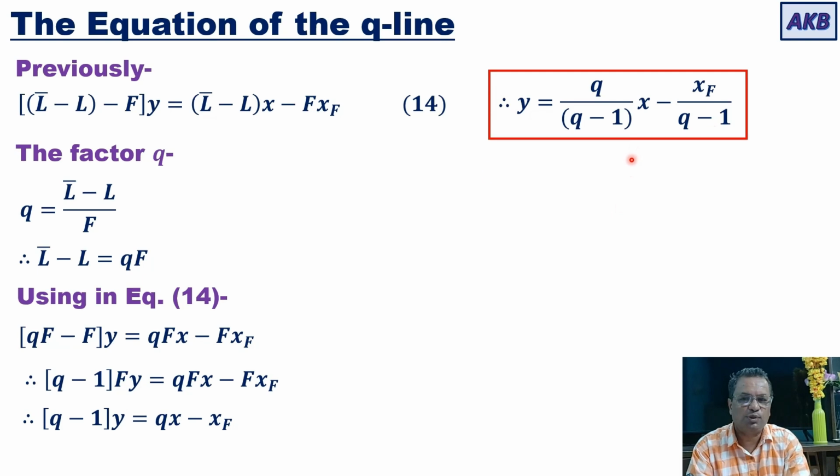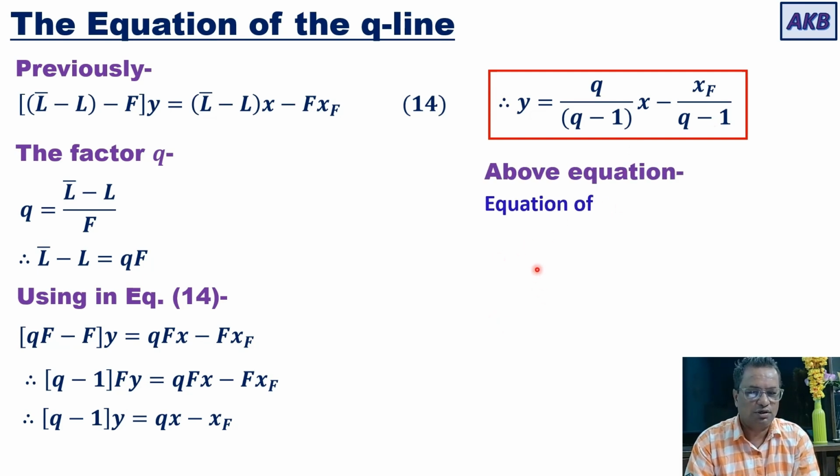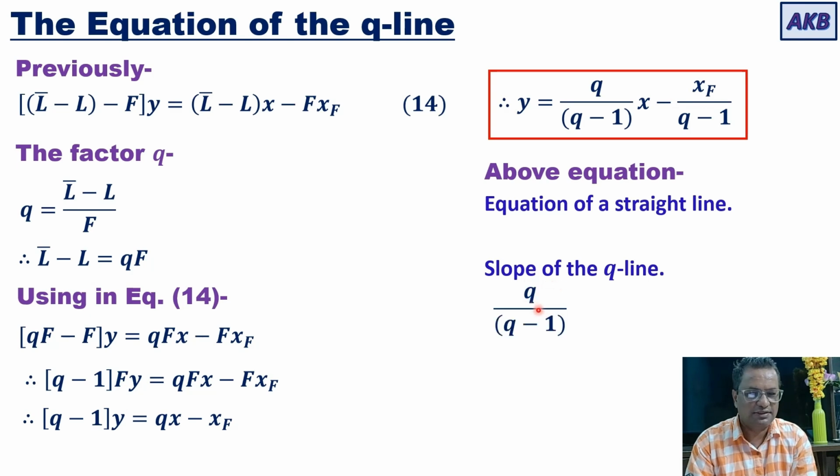So this equation is an equation of a straight line. And for this line, this equation is of this form: Y is equal to mx plus c. Okay. So this straight line is nothing but the Q line.